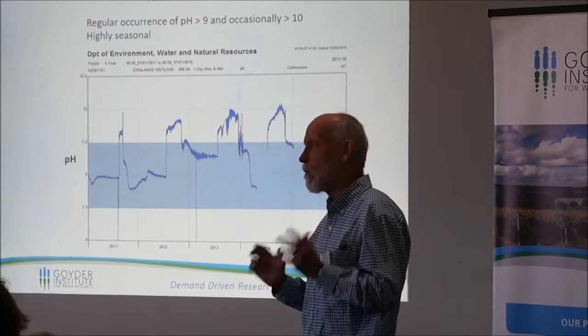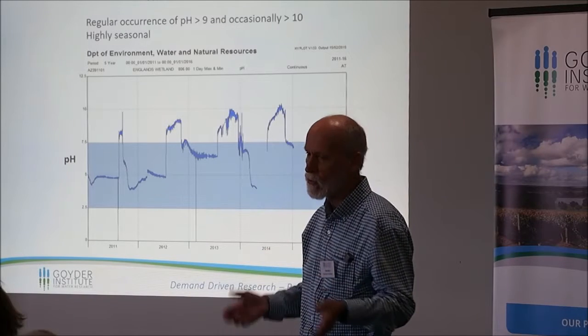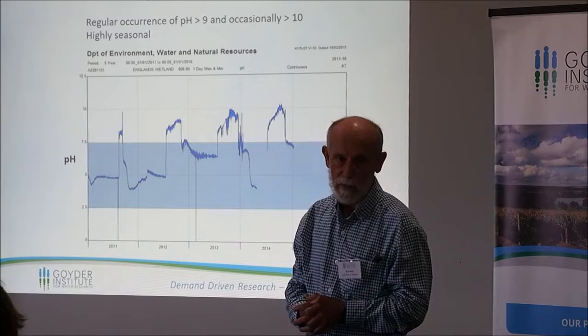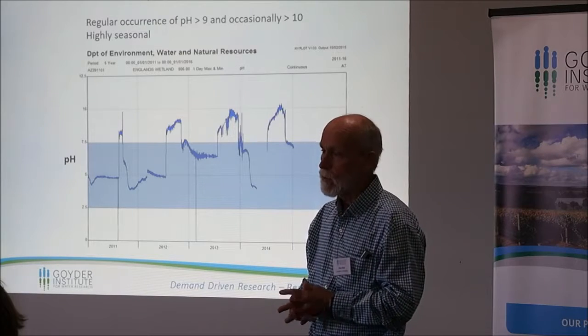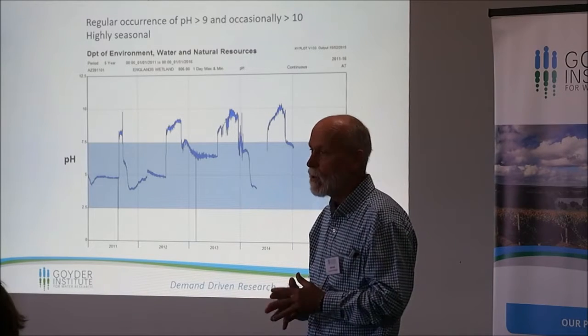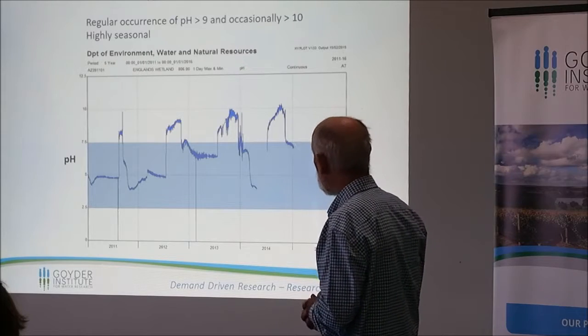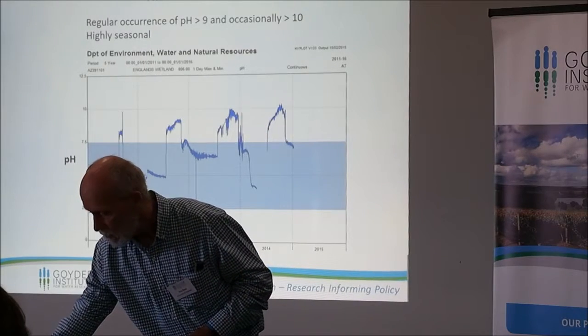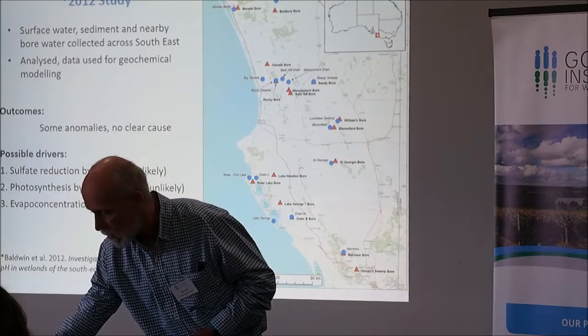The concern was that this was going to affect the biology, the biodiversity, everything that's actually living within these wetlands. The actual cause of it was unclear, but it was known it's been happening for quite some time.